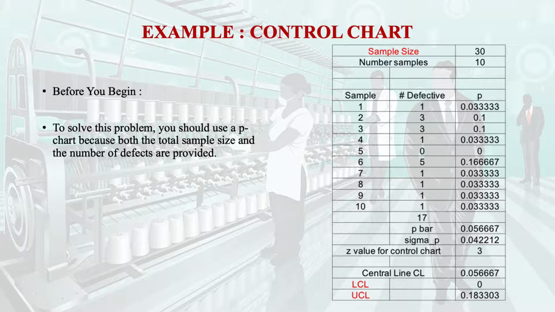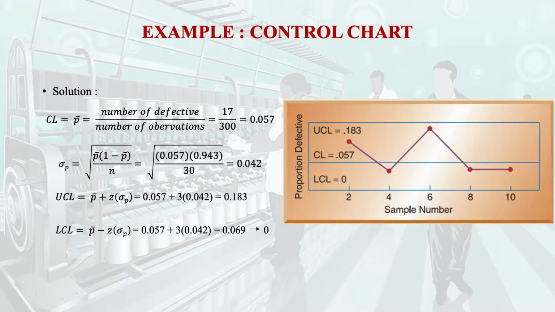We have calculated the lower control limit LCL, that is 0, and UCL, that is 0.181303, and we have calculated the value of p as well as sigma p also. With the help of certain formulas, we can calculate the value of UCL and LCL, and we can draw the chart, that is, your P chart.